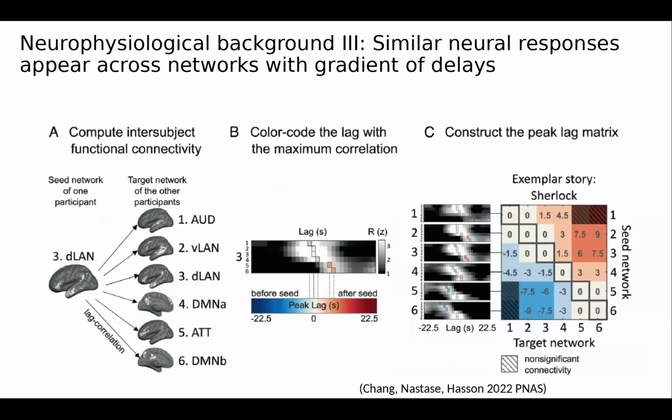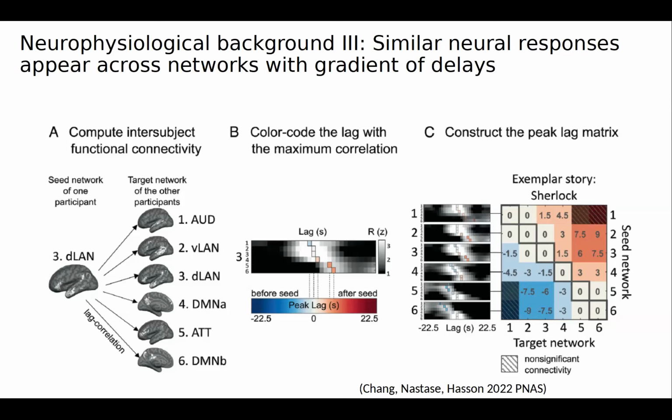And then the final example that I want to show you, again, is showing similar neural responses across different brain networks that occur with a gradient of delays. So it's the same kind of experiment where people are listening to an auditory narrative in the scanner.